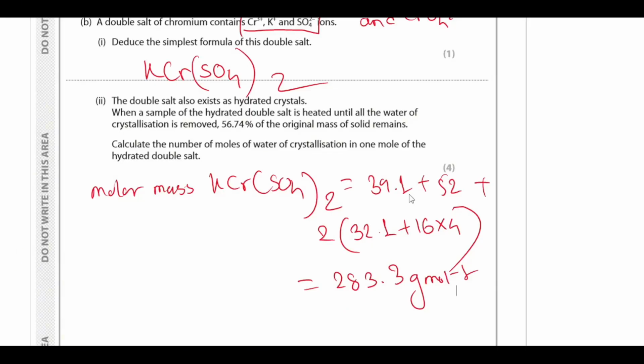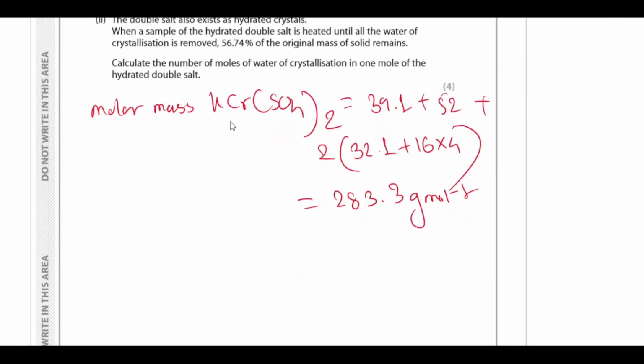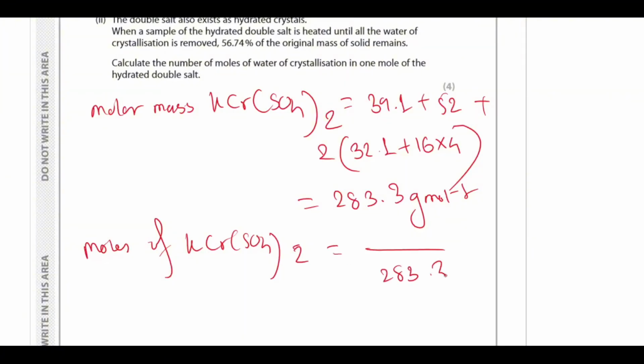Now, we can easily find the moles because we know the mass provided, which is 56.74%. So the moles of KCr(SO4)2: we know the molar mass, which is 283.3. Mass divided by molar mass provides you the moles, so it's pretty simple here.